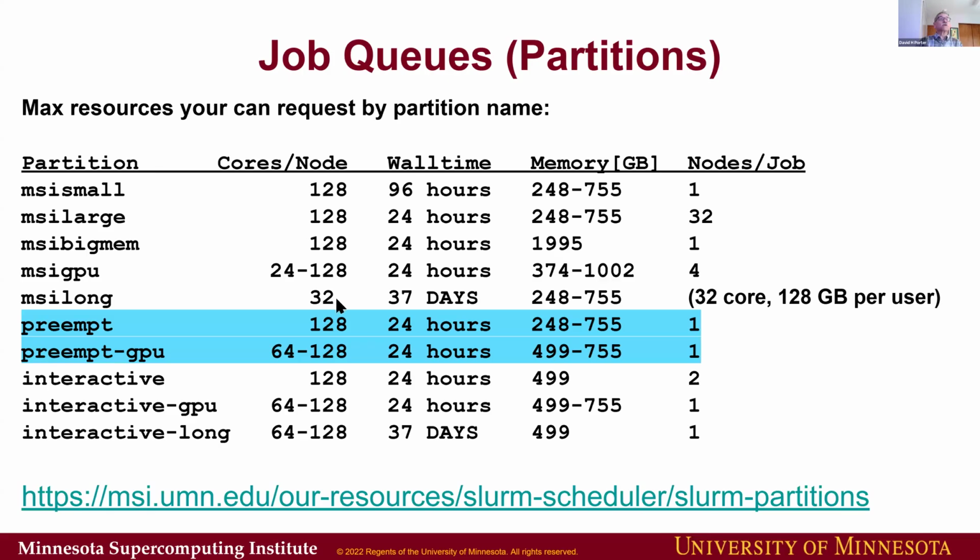And then we have big memory queues. We have partitions that will allow you to use GPUs that Angel will talk about. And then we have some preemptible queues which are likely to allow your jobs to start sooner, but they can then be preempted.